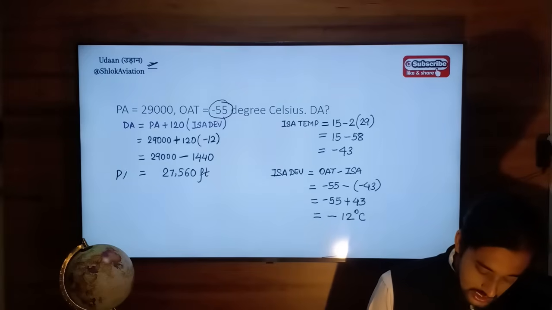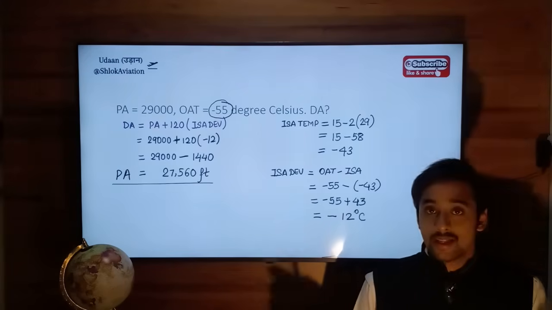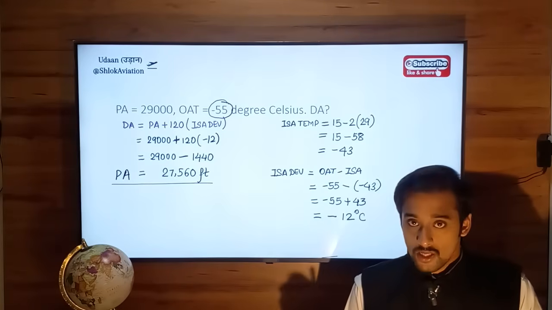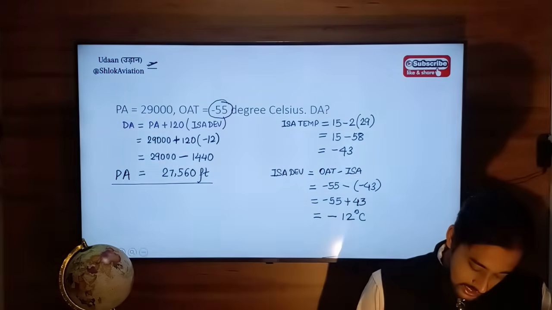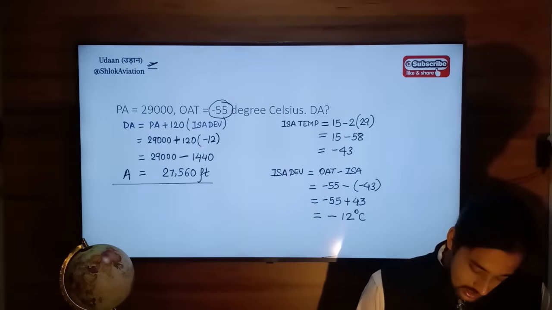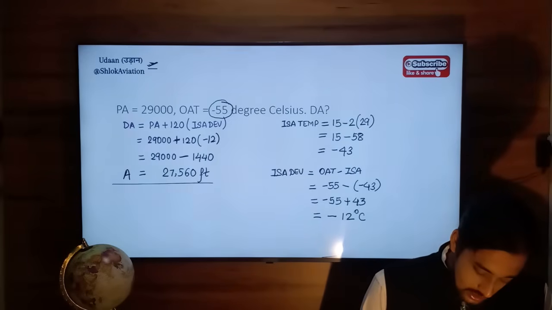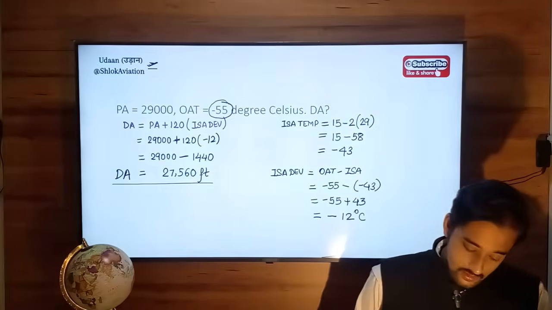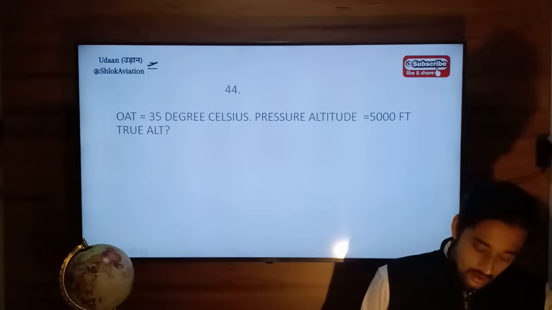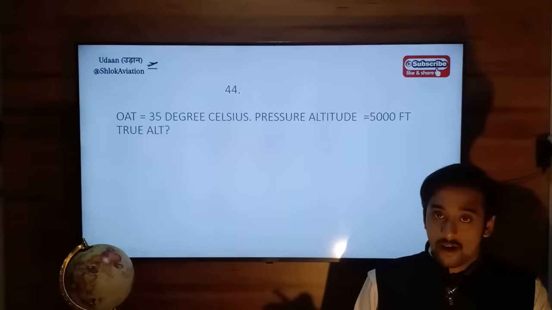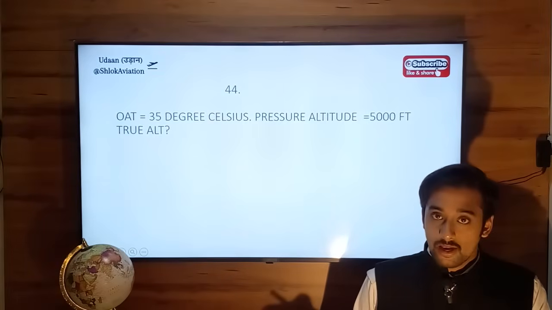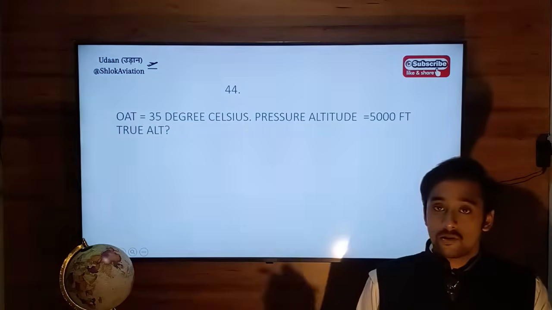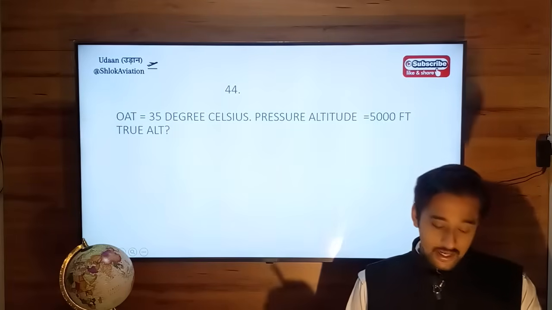So the correct option is the option containing this value or any other value closer to this. So density altitude is 27,560 feet. Next, 44. Outside temperature 35, pressure altitude 5,000, true altitude, not density altitude, true altitude.